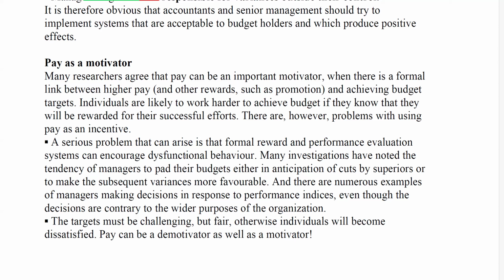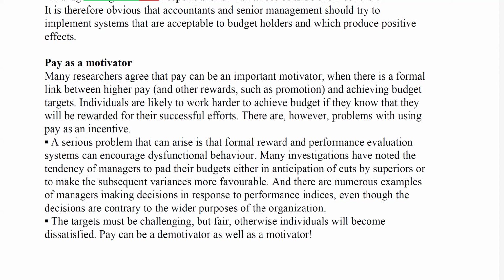A serious problem that can arise is that formal reward and performance evaluation systems can encourage dysfunctional behavior. Many investigations have noted the tendency of managers to pad their budgets either in anticipation of cuts by superiors or to make subsequent variances more favorable.